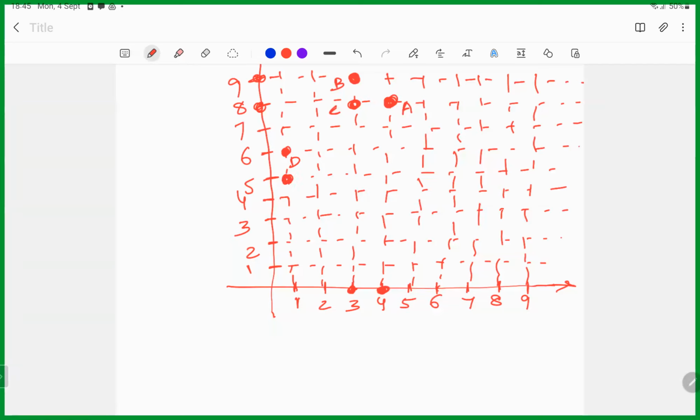Point F is 3, 3. Point G is 6, 3. And then point H is 8, 5.